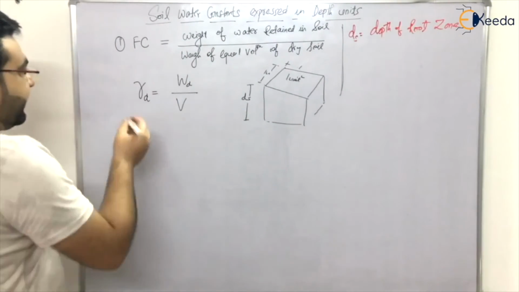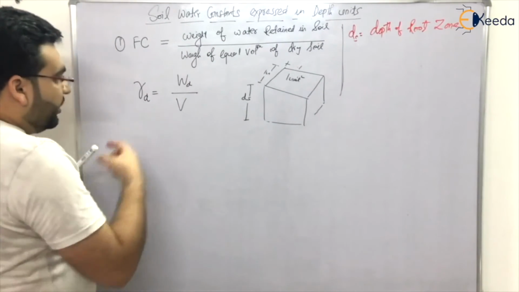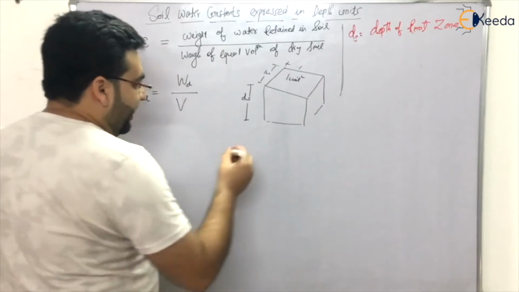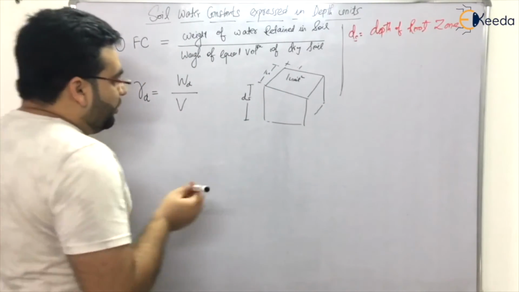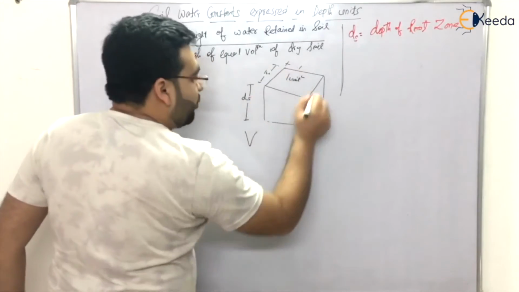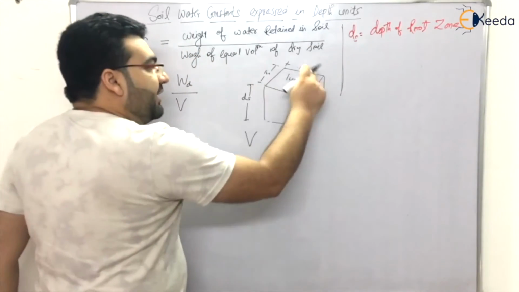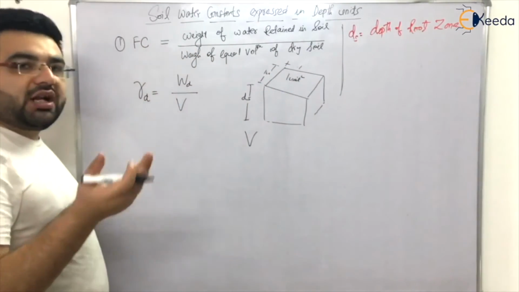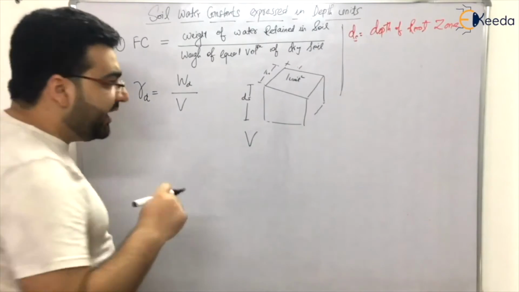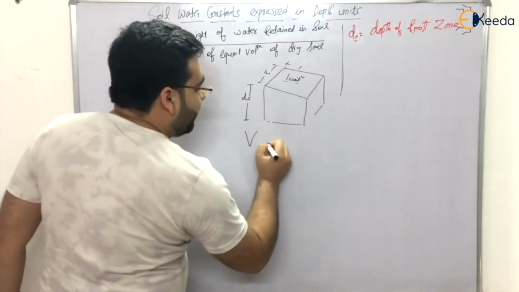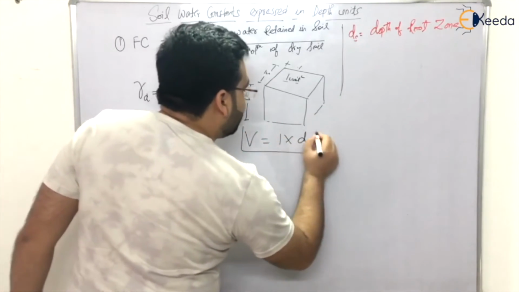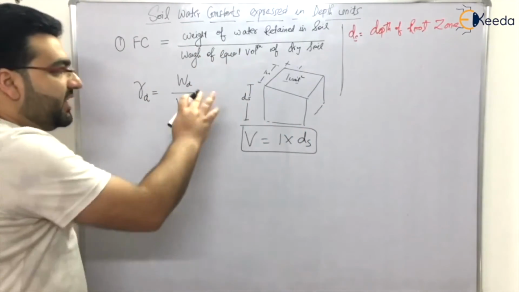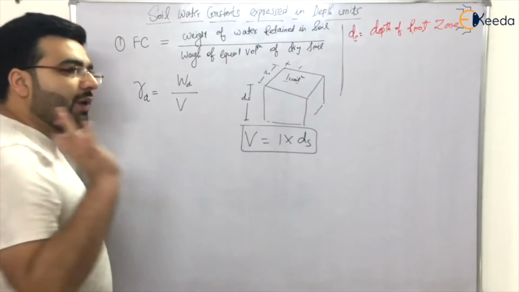Clear? Now can I write it like this? The volume of this particular soil sample will be equal to surface area into depth, because area into depth is volume. The surface area is 1 unit square, so 1 into ds is the volume of this soil sample of unit square area.